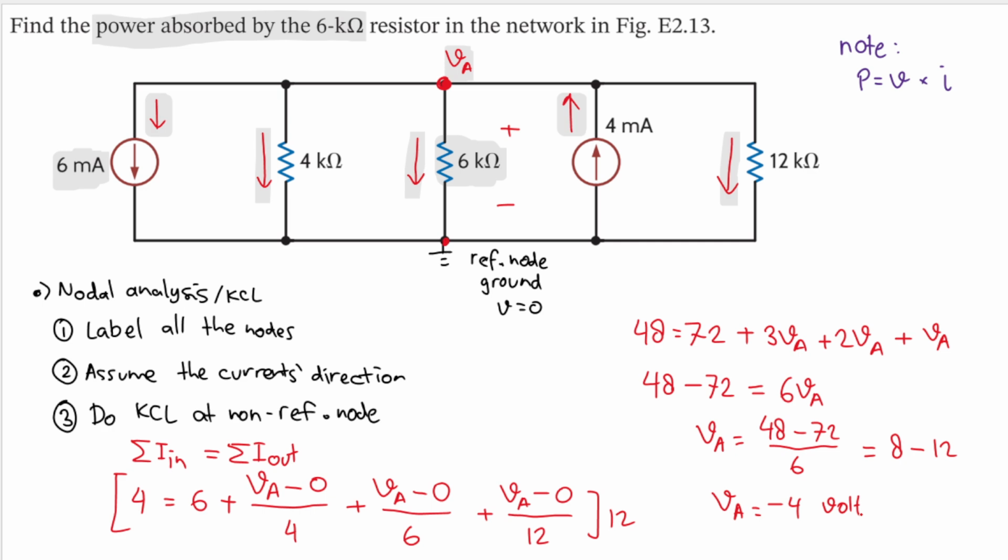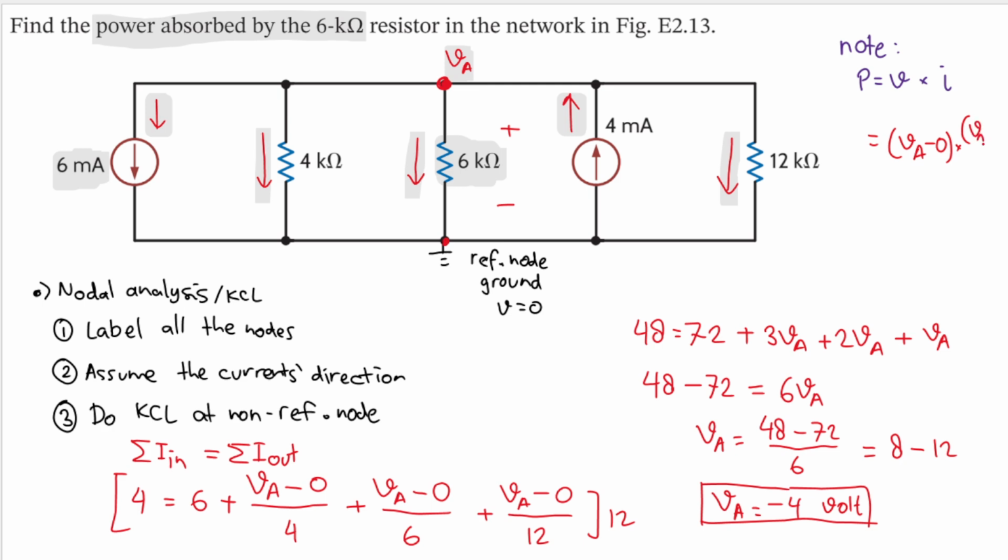Good. And now, let's see what we can do from here. We know that VA is minus 4 volt. This is a very important value. Why? Because the voltage across this 6 kilo ohm is VA minus 0, right? But then the current there is VA minus 0 divided by 6.